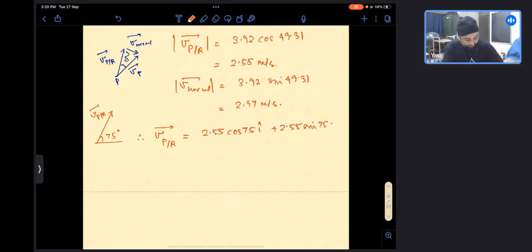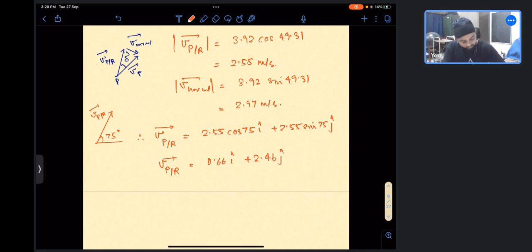So P with respect to R is 2.55 cos 75, which is 0.66 i cap, plus 2.55 into sine 75, which is 2.46 j cap.